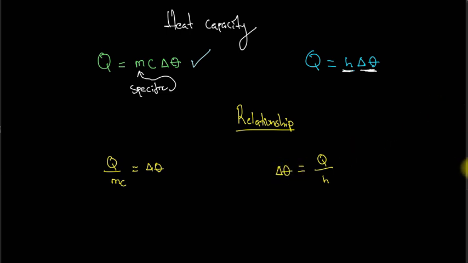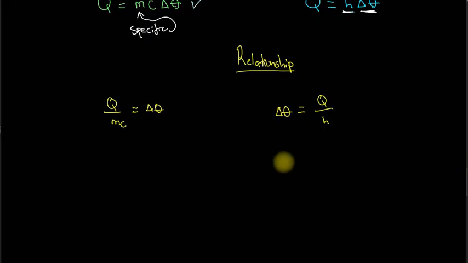Because they have that in common, we can equate both of them. So Q over MC is equal to Q over H. Right? So cross multiply, we're going to end up at H is equal to MC. Q cancels out.